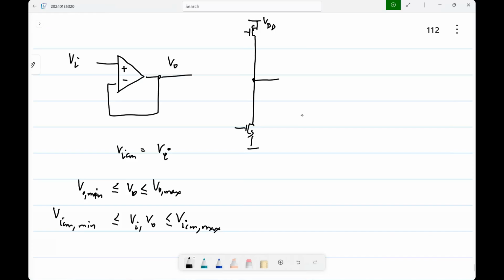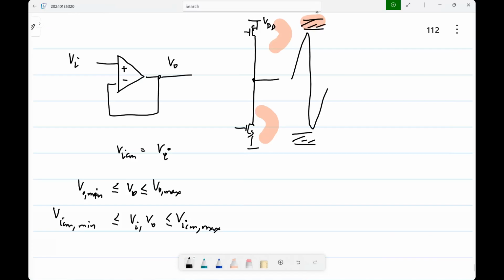Okay. So you have to accommodate only one transistor at the bottom and one transistor at the top. So the output swing will be sort of symmetrical. You have to leave some room at the top and the bottom. You cannot go all the way to the rails, but you can go pretty close to the rails.